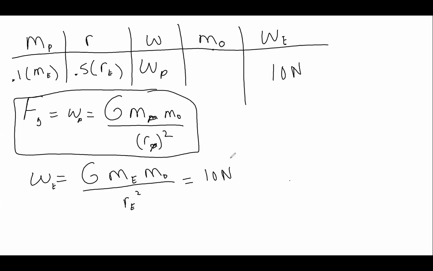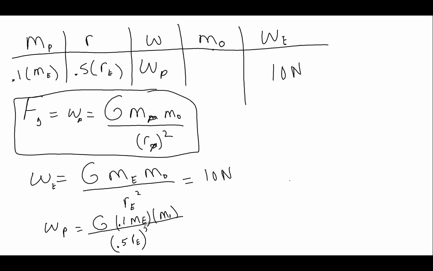So now, what you want to do is say, okay, then the weight of the object on the planet is big G. Now, rather than having the mass of the Earth, I have 0.1 mass of the Earth, mass of the object, divided by not the radius of the Earth, but the radius of the planet, which happens to be 0.5 times the radius of the Earth.